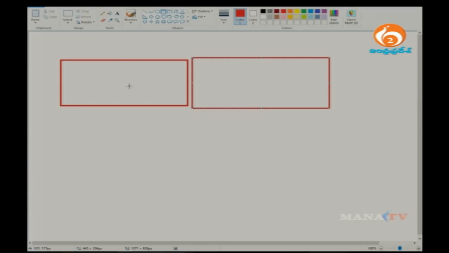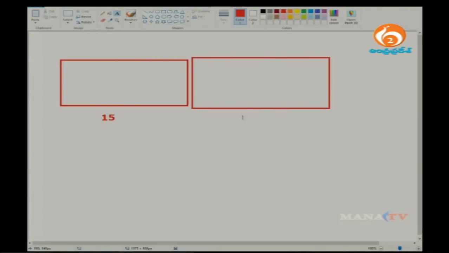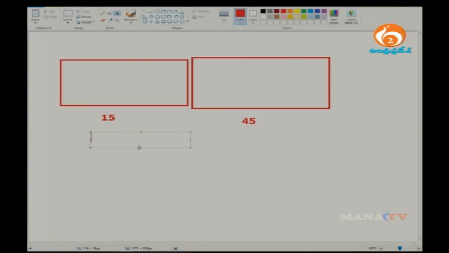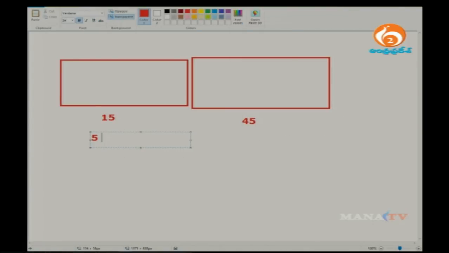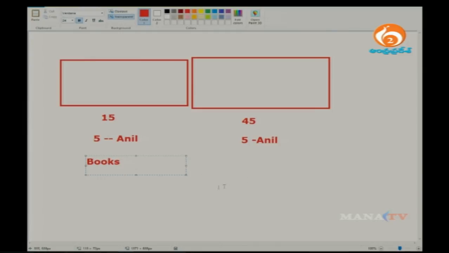Alright, now let me show you a very simple example for this. I have 15 tuples in table 1. I have around 45 tuples in table 2, of which 5 are written by the person called Anil. Here also there are 5 articles written by Anil. Now let us imagine that these are the books and these are the articles.